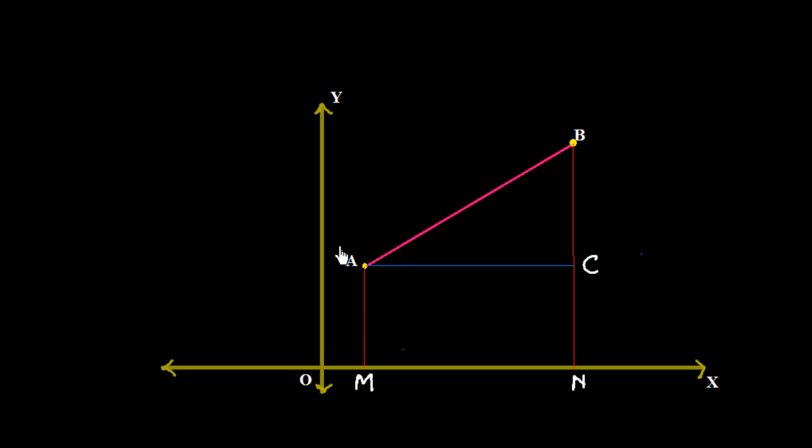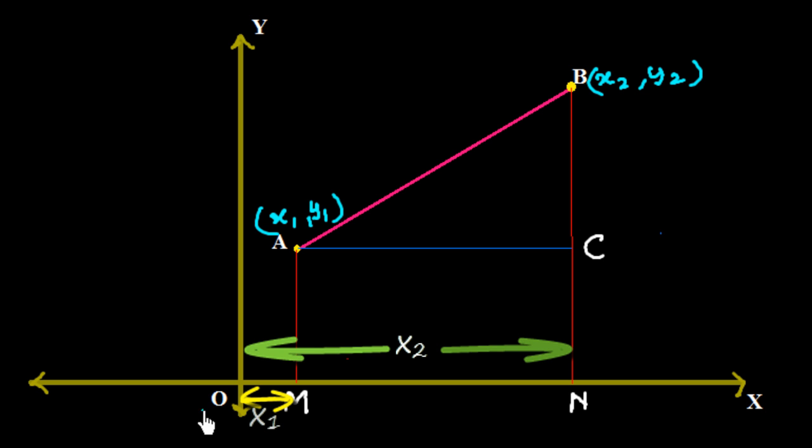Now look, the coordinates of point A are x1, y1 and point B are x2, y2. We know that ON is x2 and OM is x1.